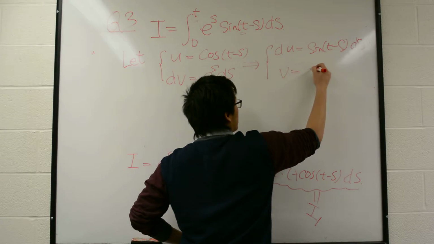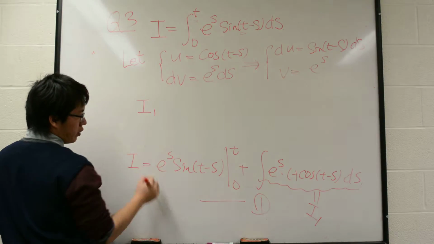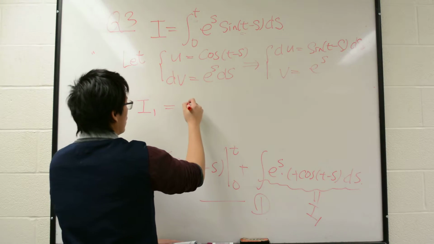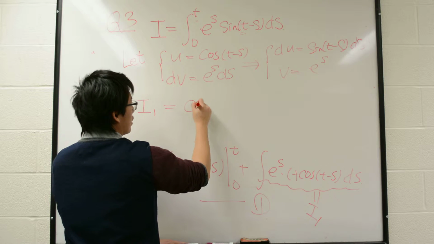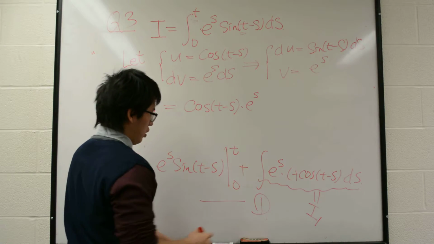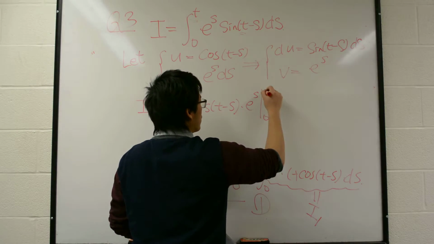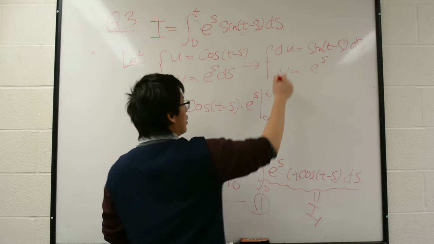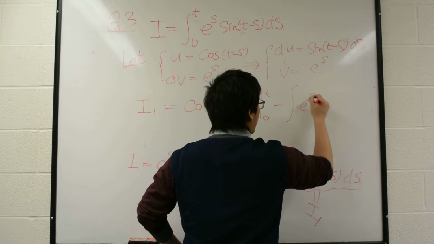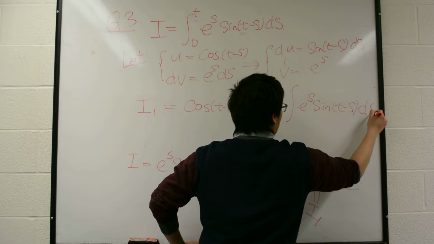The integral of dv is v, which is e to the s. So integrating by parts, I1 is equal to u times v, which is cosine(t minus s) times e to the s, evaluated from 0 to t, minus the integral of v du, which is e to the s sine(t minus s) ds.